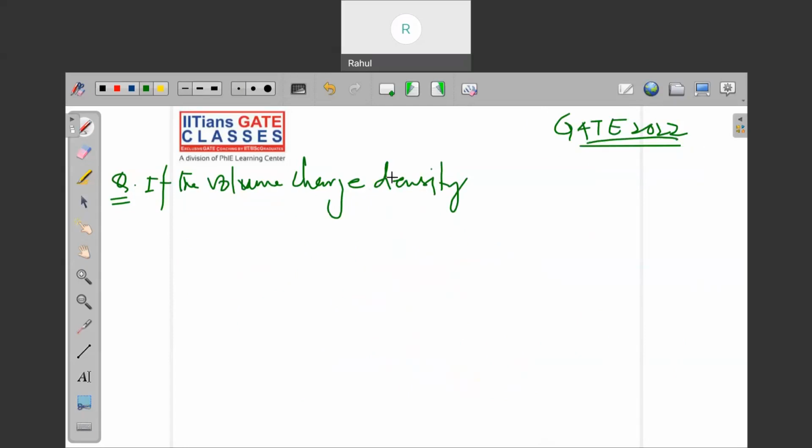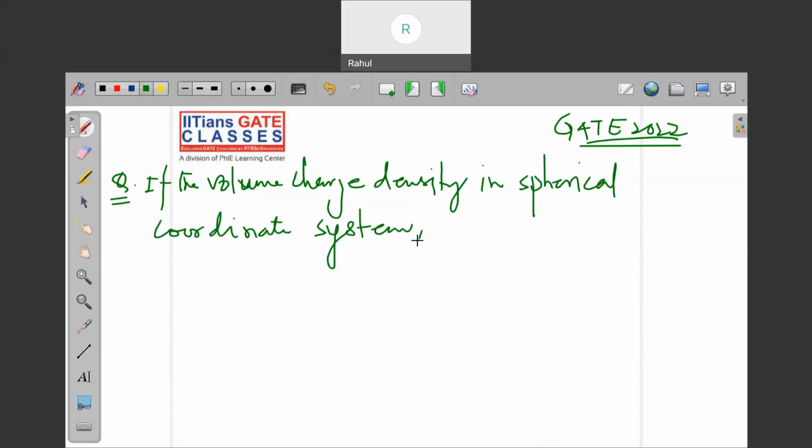So if the volume charge density in a spherical coordinate system is given by... You don't know about volume charge density, no problem.